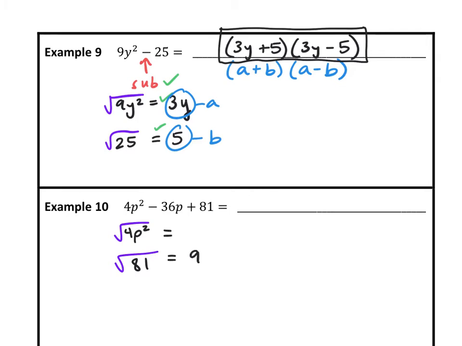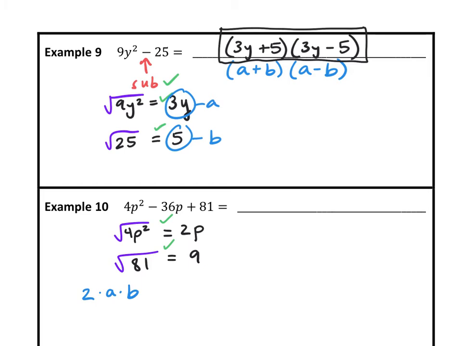Yeah, square root of 81 is 9. Square root of 4 is 2. Square root of p squared is p. So check, check. And then I just got to check the middle term.